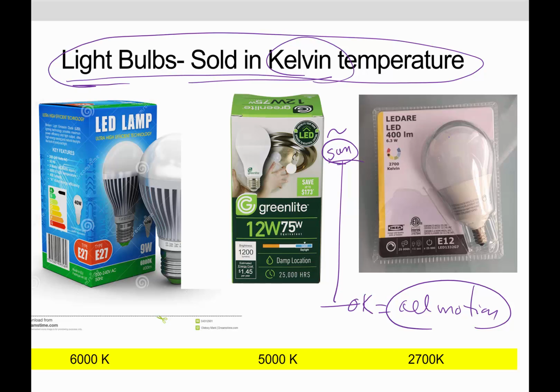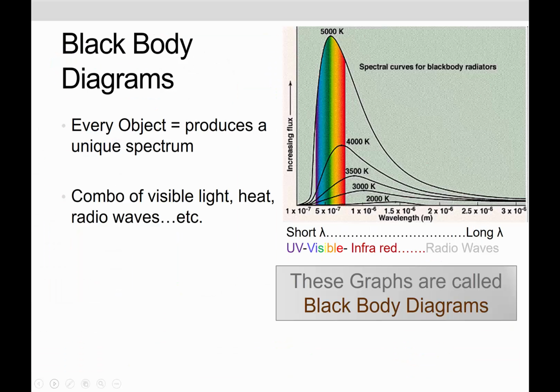Now, if my light bulbs in my house got as hot as the surface of the sun, oh boy howdy, my lamps would melt. My house would melt. It would be just nutty crazy. So how in the world can they sell light bulbs and have ratings on them that say numbers in Kelvin? How do they get away with that?